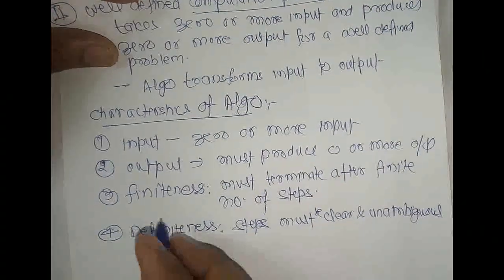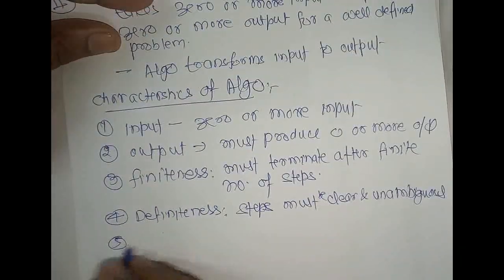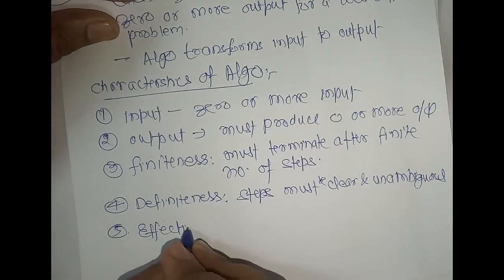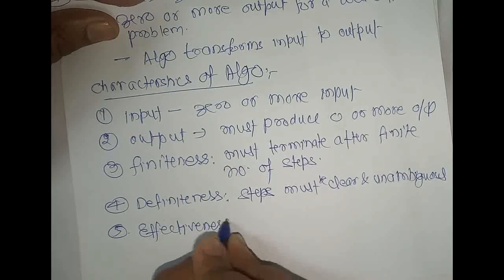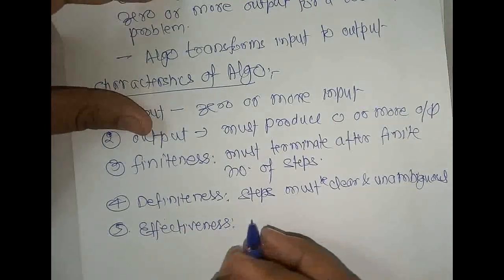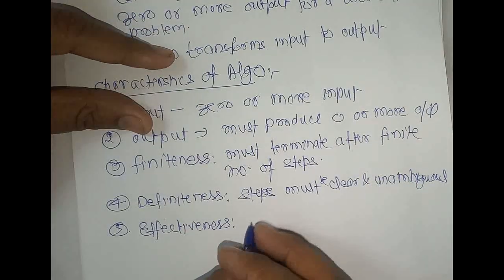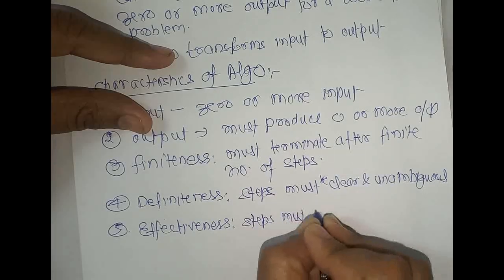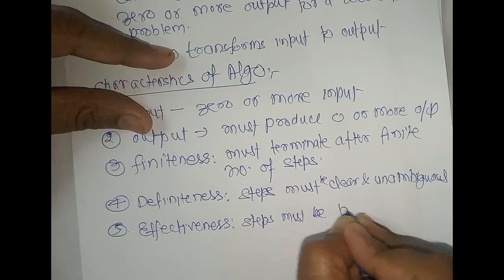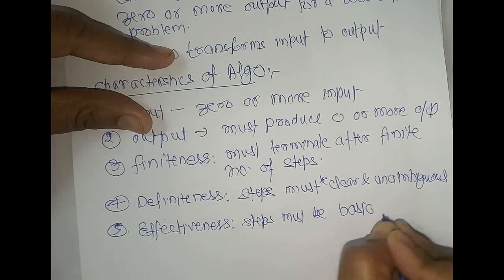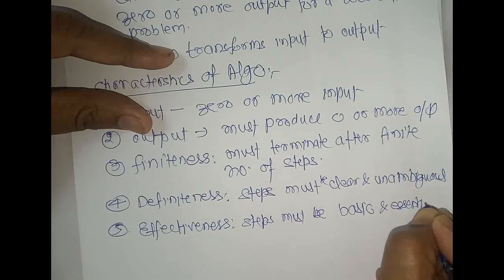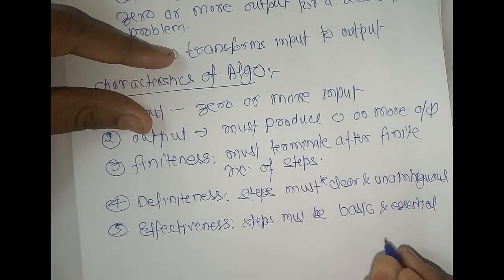And next is effectiveness. Effectiveness tells that steps must be basic and essential. What is the meaning of this?